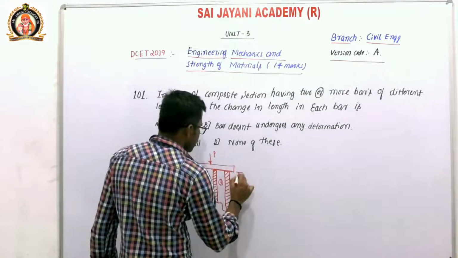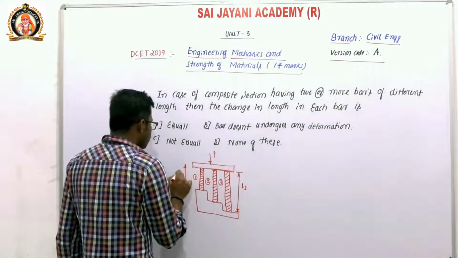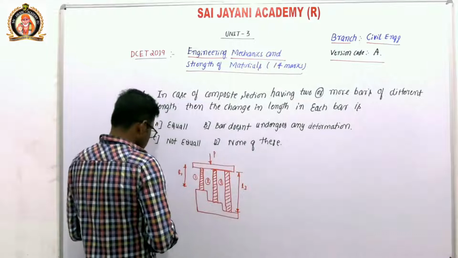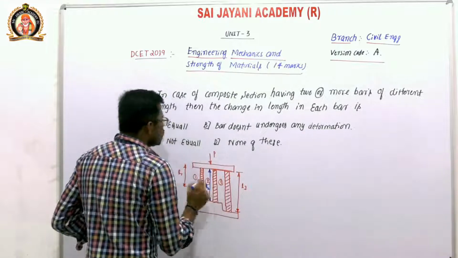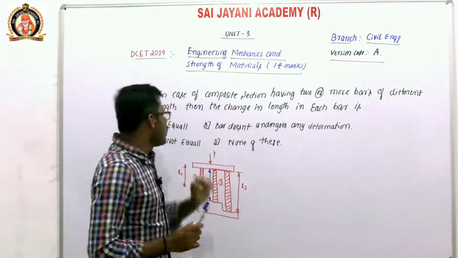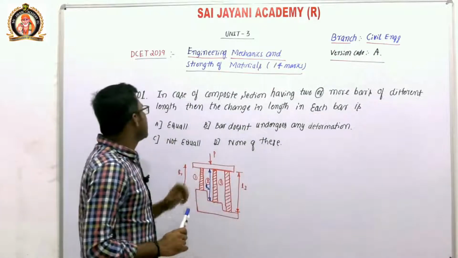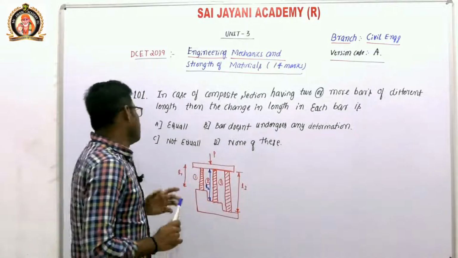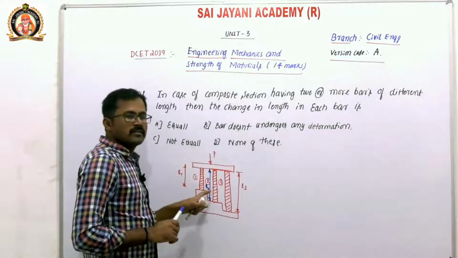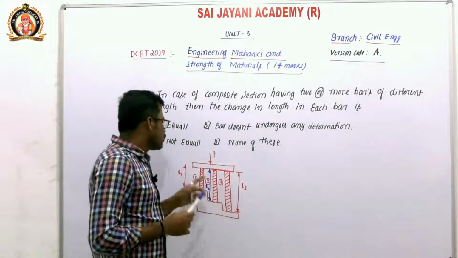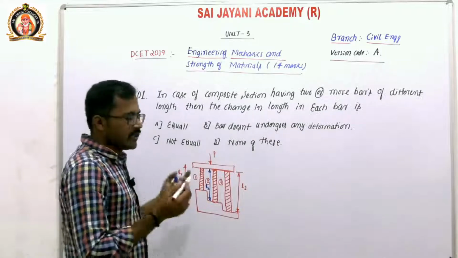So this is L3, length of bar 3, this is length L1, this is length L2. So the question is, in case of composite section having 2 or more bars of different length, then the change in length in each bar is. So bar 1 has one length, bar 2 has other length, bar 3 is other length. So 3 bars have 3 different lengths. When it is subjected to a load, what is the deformation in each bar?